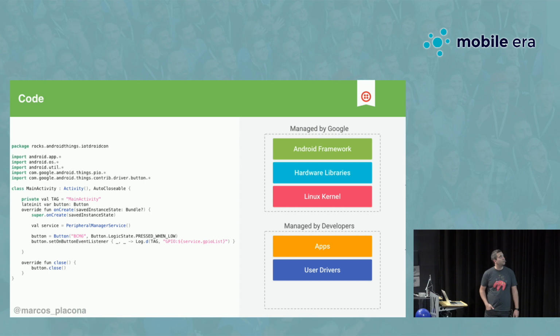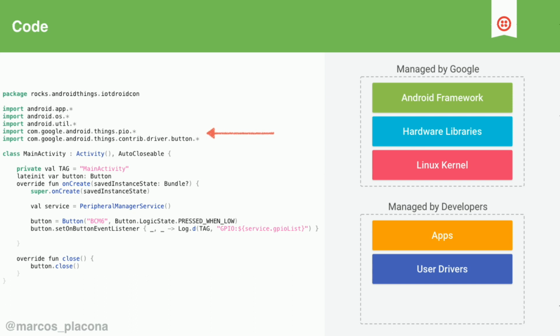So this is the code that we wrote, basically. I think mine was slightly simplified compared to this, but this is the code that we wrote. And I want to point out two things in here, because I use two different things. I use google.android.things.pio, and I used button. One of them is managed by Google, and one of them is managed by the community.